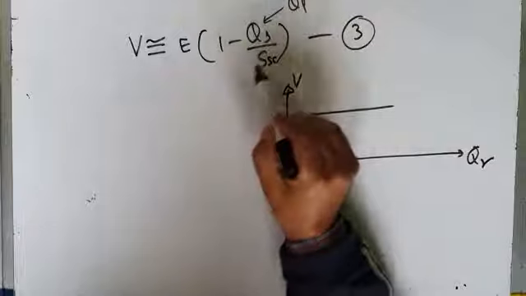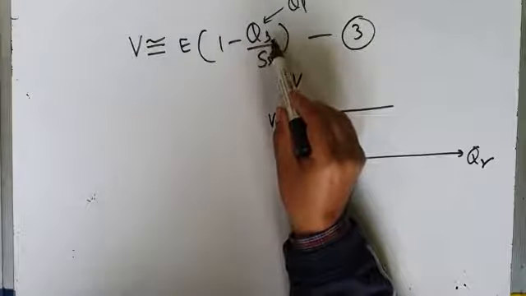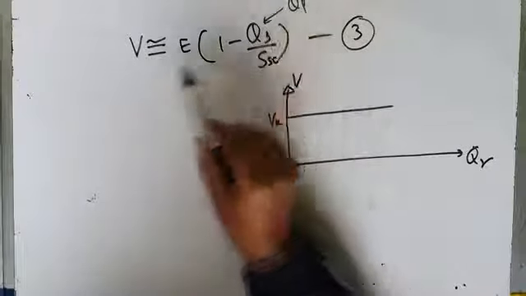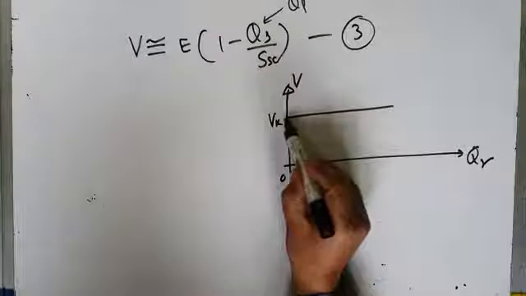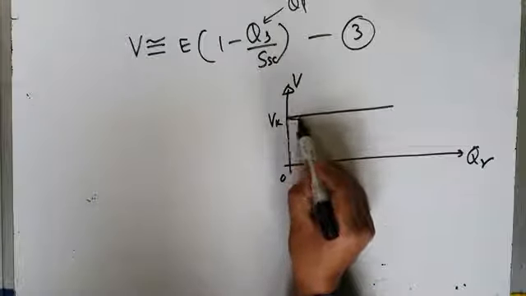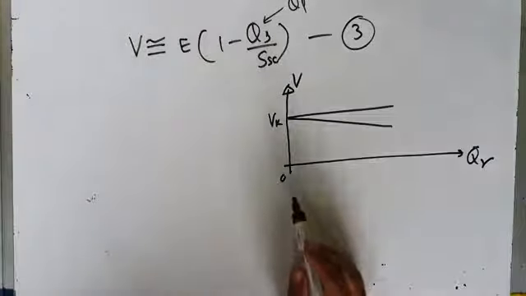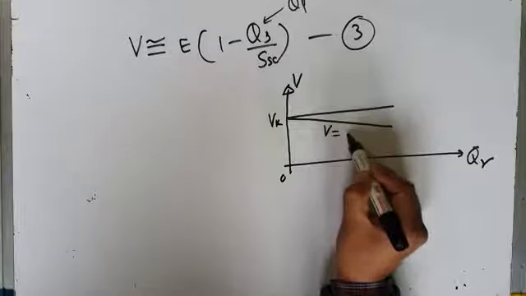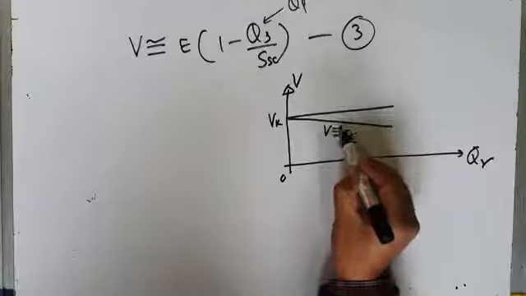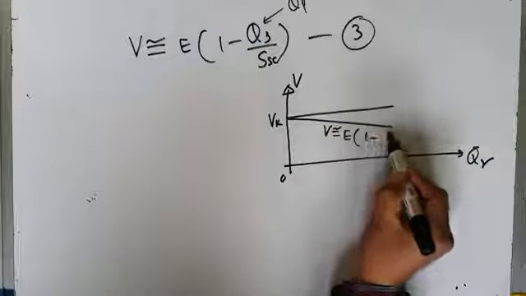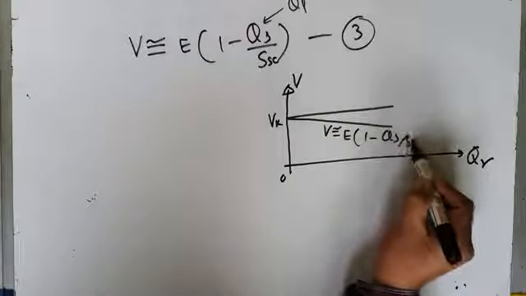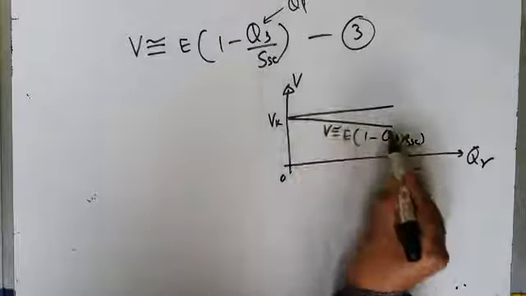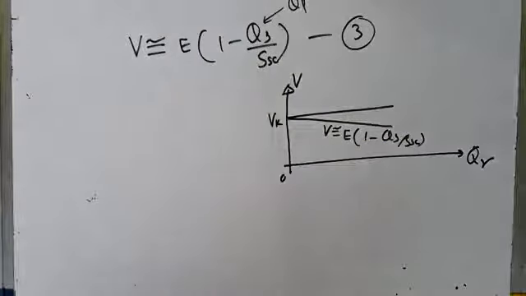And this equation tells you that as the reactive power demanded by the load increases, the voltage decreases. It does not remain equal to Vk. It has a drooping characteristic, which I have discussed in the last lecture also. So this line gives you V approximately equal to E times 1 minus Qs by SSC. So this line represents this equation.